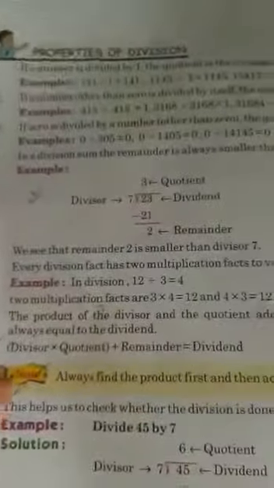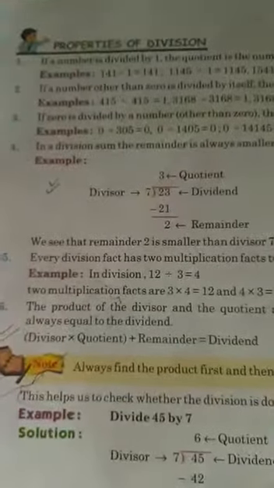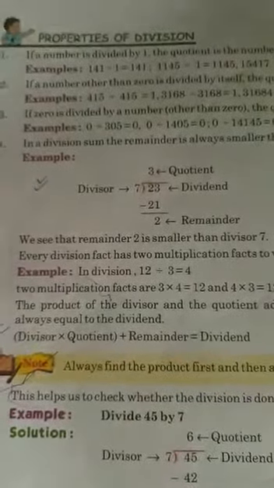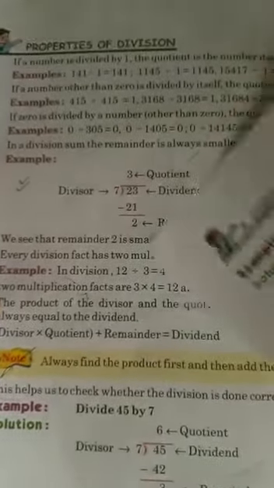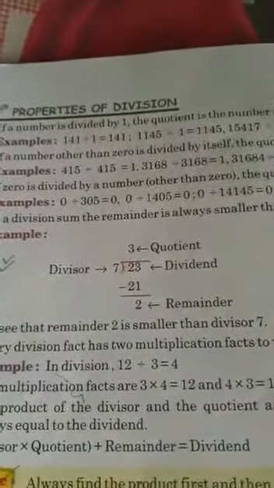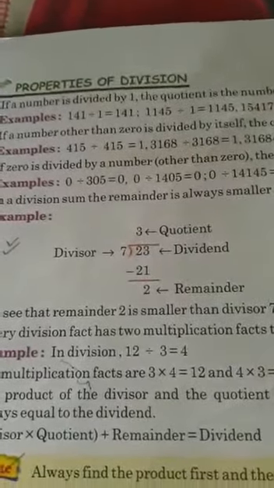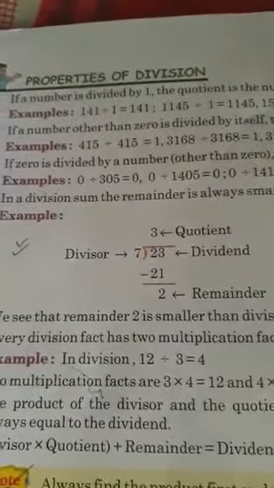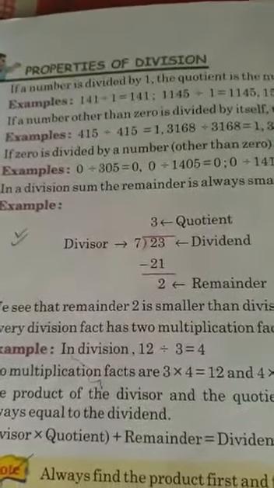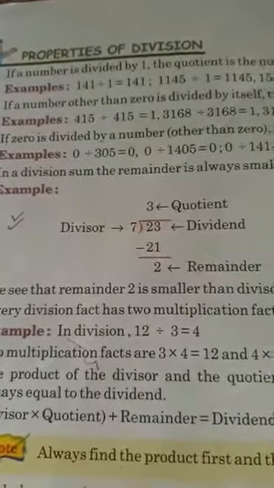Now turn to your next page, and there are some properties of division. The first property is that if a number is divided by 1, the quotient is the number itself. They are trying to say that if we take any number and divide it by 1, the quotient that we will get will be the same number.